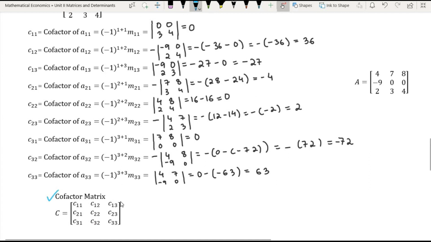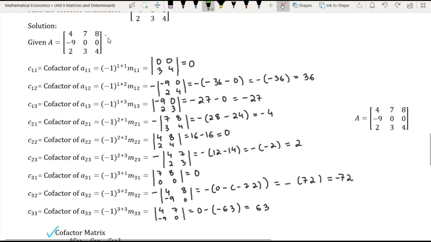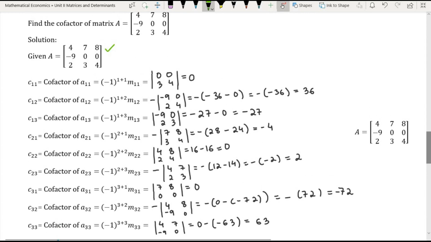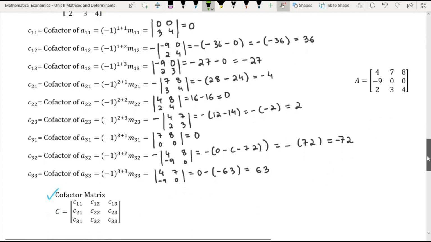The cofactor matrix or matrix of cofactors is a matrix whose elements are the cofactors of each element of a matrix. So the cofactor of matrix A is a matrix which contains the cofactors of each element of matrix A. The cofactor of matrix A can be written as C11 is the cofactor of the element A11 and its value is 0.